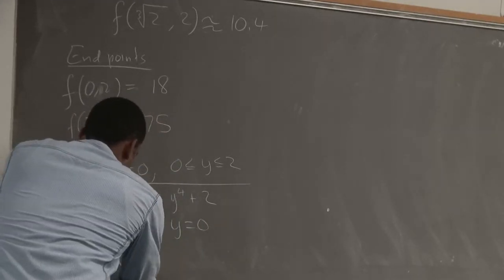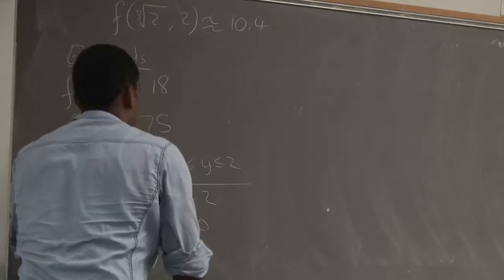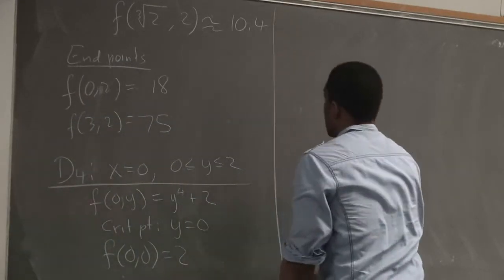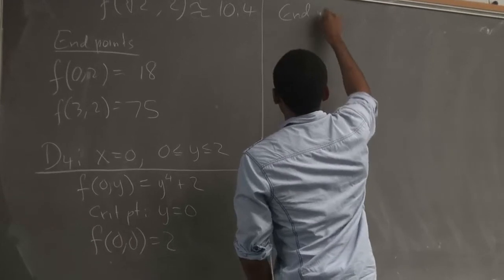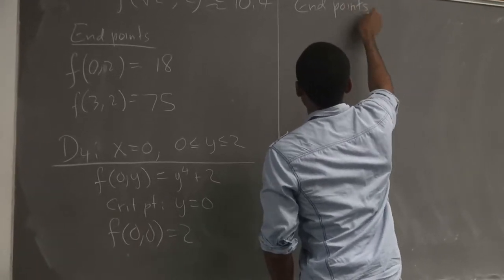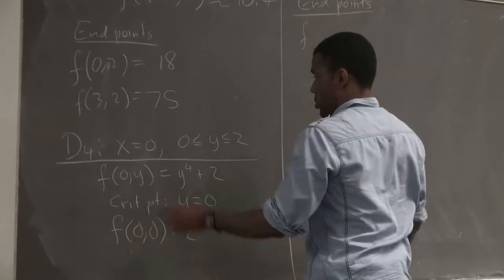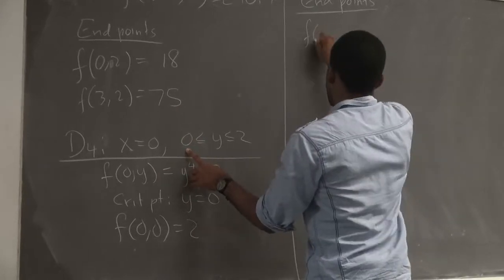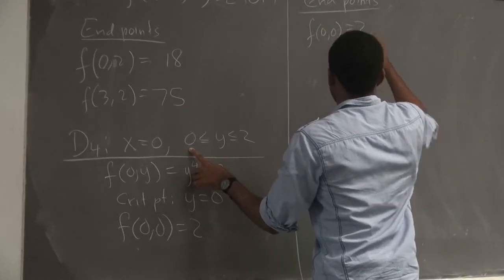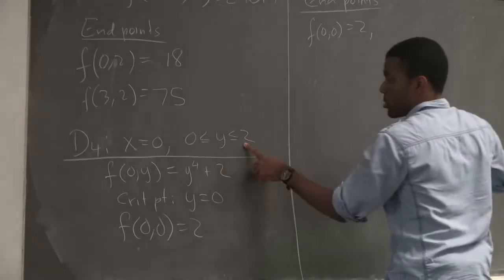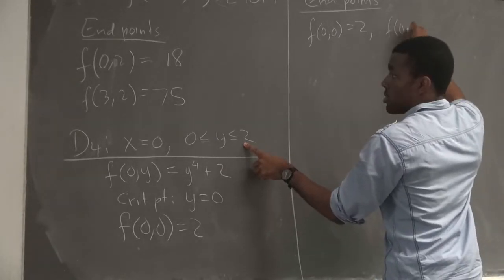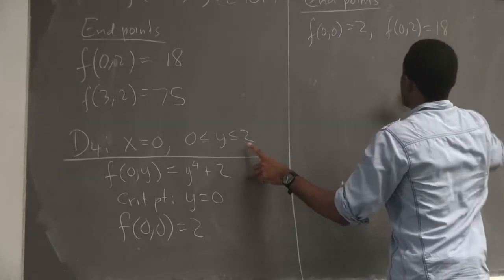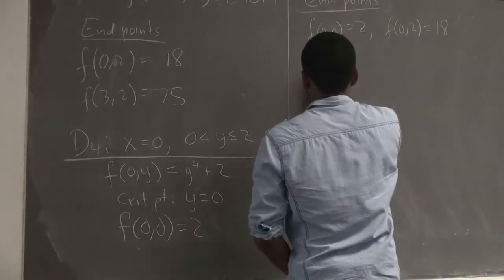So we test f of 0, 0, which we already found, 2, plus the endpoints. This means when y is 0, again I get f of 0, 0, and y is 2, so I get f of 0, 2.